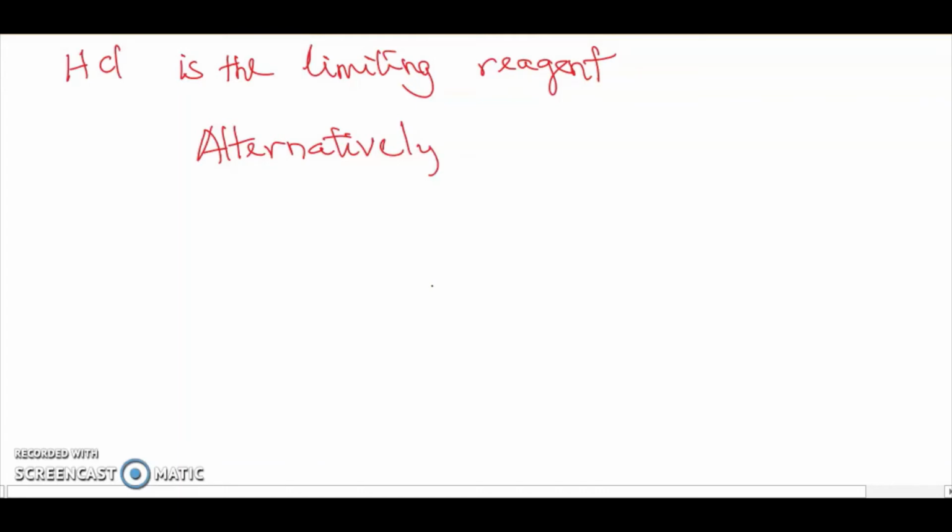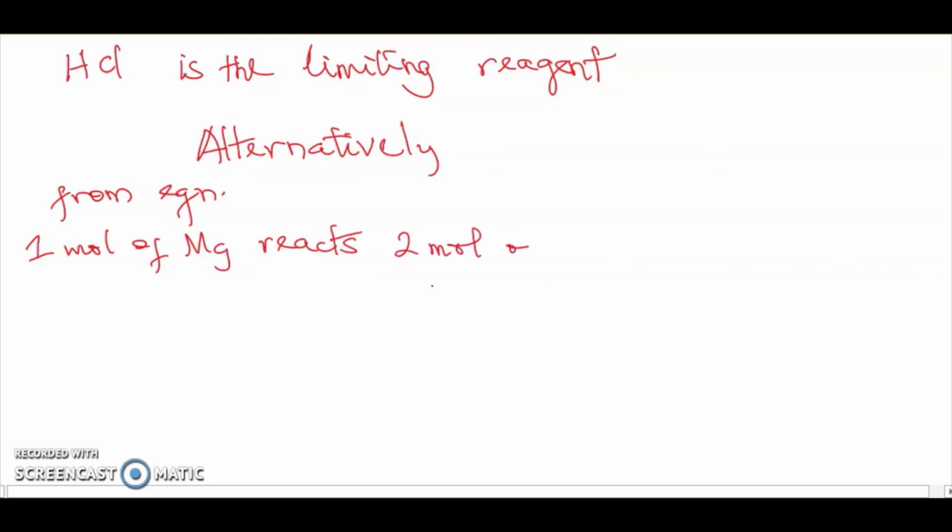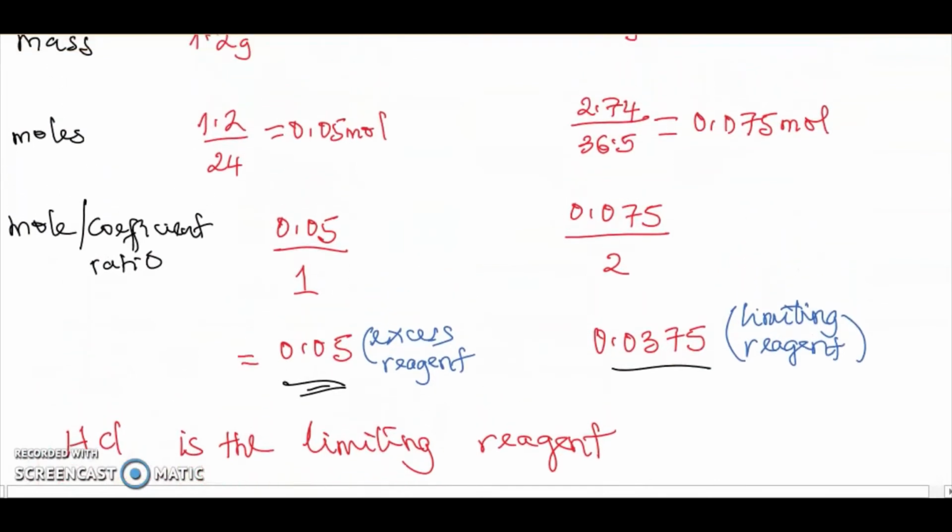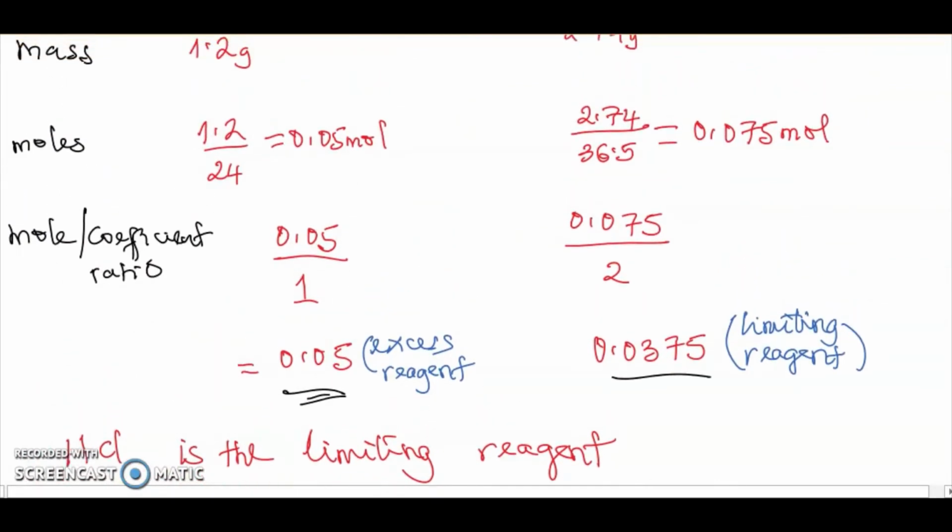From the equation, 1 mole of magnesium reacts with 2 moles of hydrochloric acid. Remember, we calculated the number of moles of magnesium. It gave us 0.05.